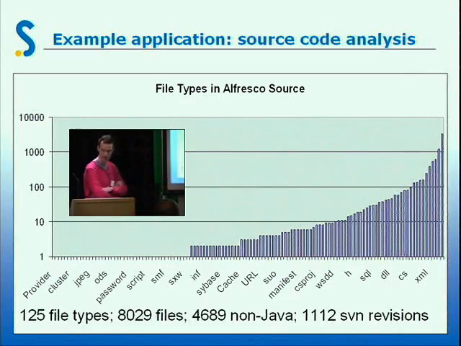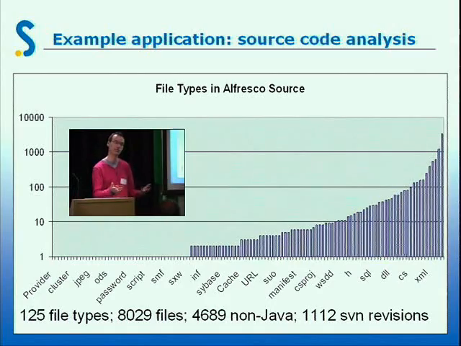At the low end, there's some open office documents, presumably for documentation. There's some database stuff, there's some C#, there's some C header files, some DLL, some SQL, some XML, and of course, the very highest bar on this chart is Java. However, in all those 8,000 files, over half of those are not Java.